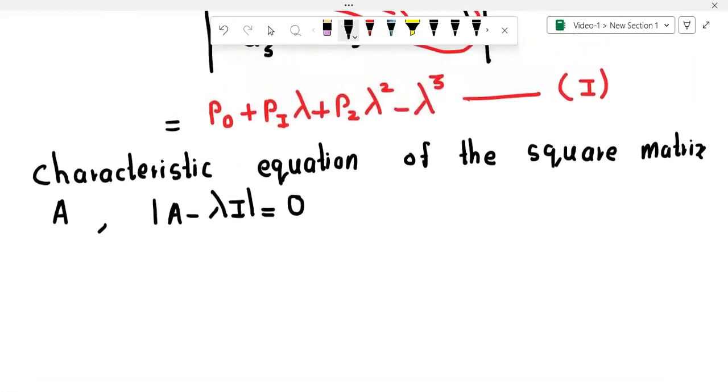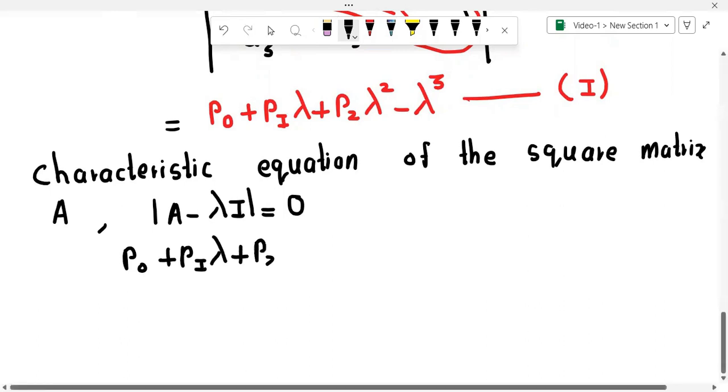Since the determinant of the matrix A minus lambda I equals this polynomial, I am going to substitute the polynomial for the determinant of A minus lambda I. So P0 plus P1 lambda plus P2 lambda squared minus lambda cubed equals 0.